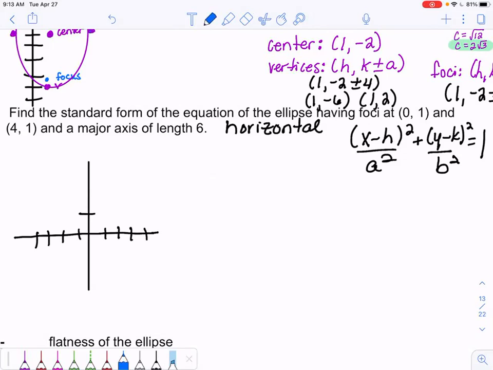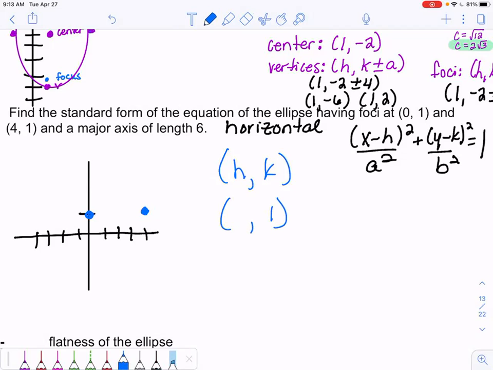So we have a value at 0, 1, and we have a value at 4, 1. So Peter said that the K value should be a positive 1 because that's the value that wasn't changing since this is horizontal. K is going to be 1.